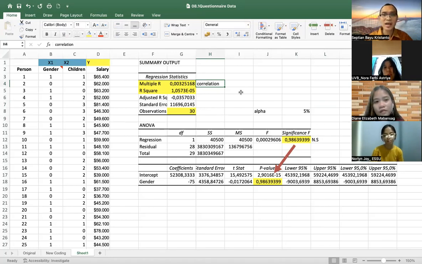Sometimes the female salary is higher than males. Based on our data, there is no conclusion. Okay, and the adjusted R square is also very tiny, so we cannot conclude that gender will affect the salary, but that's okay. This is only for our exercise.